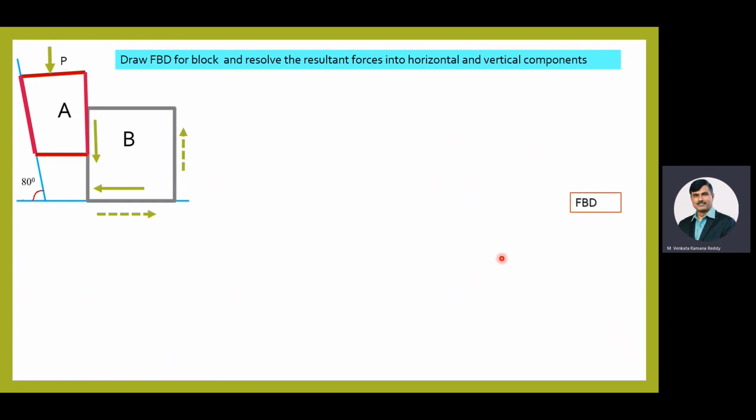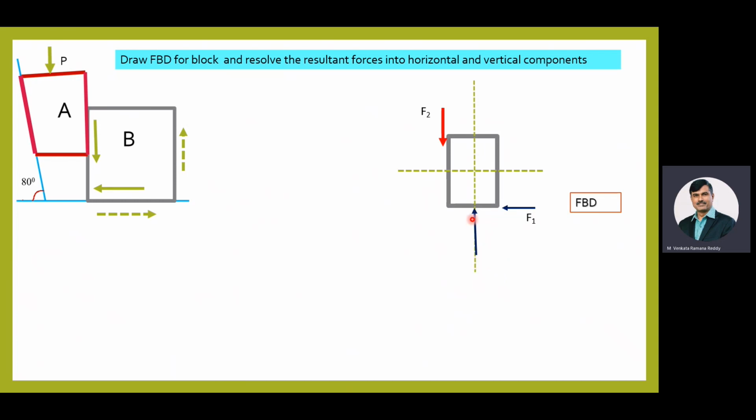Here we'll draw active forces as well as reactive forces acting on the block. This is the block. These two lines are nothing but the axes of the block. This is the x-axis and this is the y-axis. As you know, the frictional force acts downward along the contact surface of the wedge and block, and rightward along the contact surface of the floor and block. This is F1 and this is F2, and this is the normal reaction N1 exerted by the floor on the block.